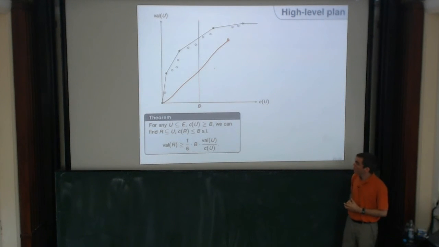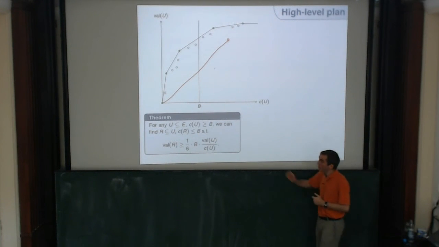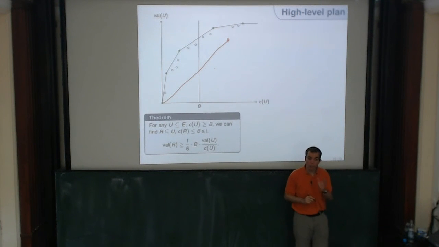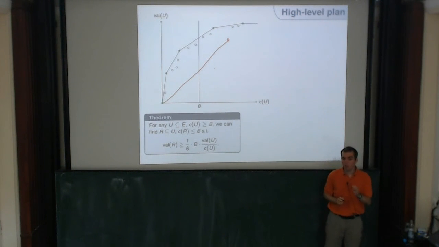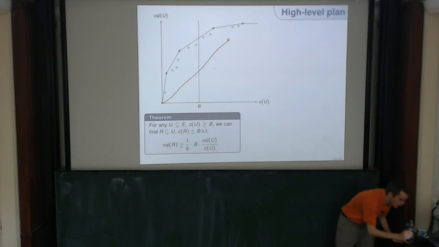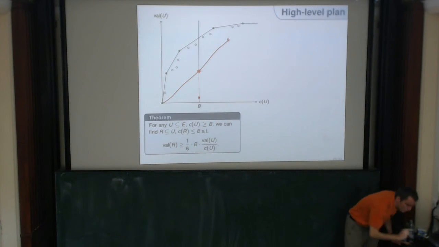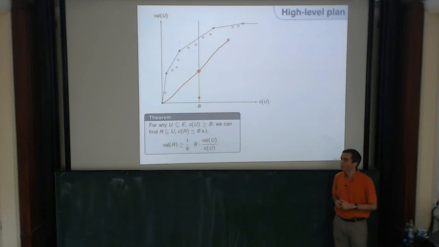So the theorem essentially tells you that whenever you have any set that is above budget, you can find an interdiction set that's feasible, below budget, and whose efficiency is almost the same, up to a factor of 6. The same efficiency would be like this point here. You won't get that, but you will get one that is maybe a factor of 6 off, so something of value roughly down here. That's the main technical ingredient.